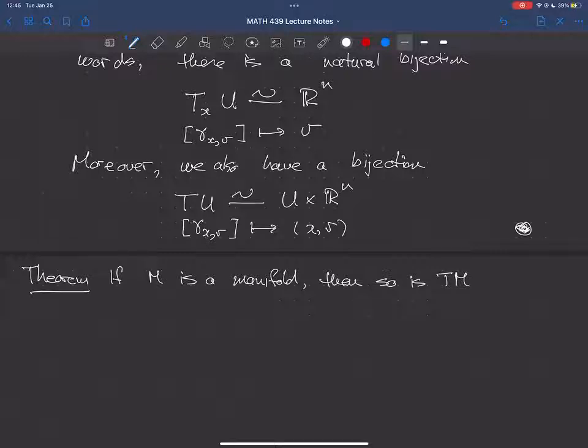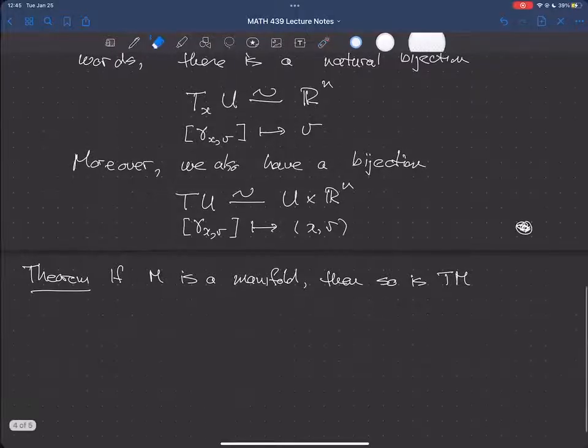And we're going to do this not in some arbitrary way, because as you've seen from your homework problems, if I just give you a set, like for example TM, it can possess weird manifold structures. But when I say it's a manifold, I mean that given a manifold structure for M, there's a unique one that gives rise to the manifold structure for TM.